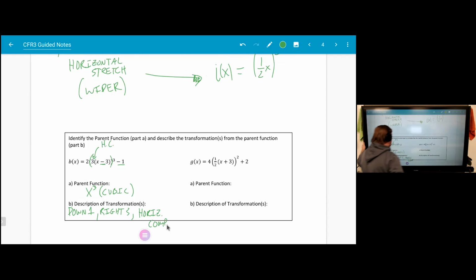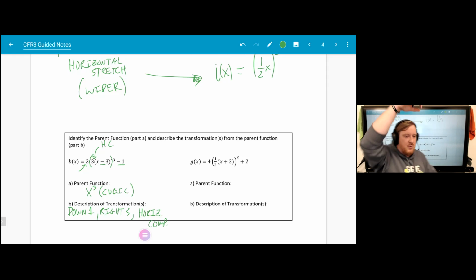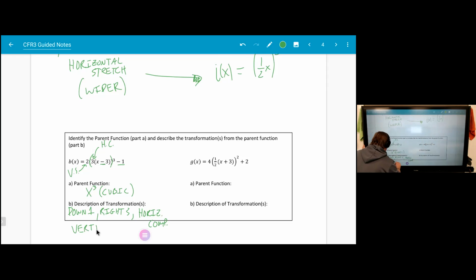Yes, I am kind of shorthanding this one a little bit. And I've still also got this 2 multiplying out here. That's what we learned just a second ago. We called that a vertical, not a compression in this case, but a vertical stretch. Those are the 4 different things that we have in this one.